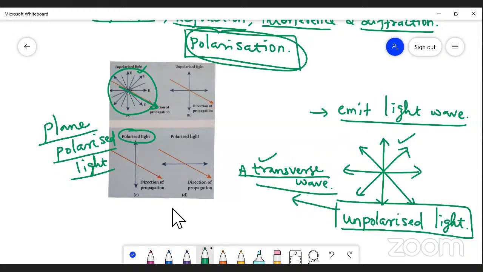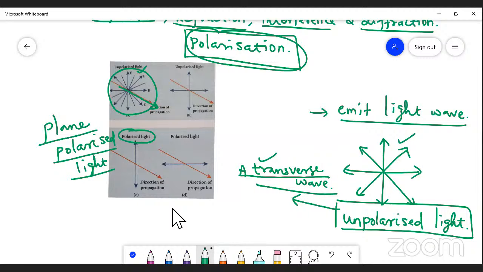Polarized light is also called plane polarized light. Suppose the light vibrations occur in more than one plane, then the light is called unpolarized light. Or if the vibrations of the light occur in a single plane but in all possible directions, then the light is called unpolarized light.